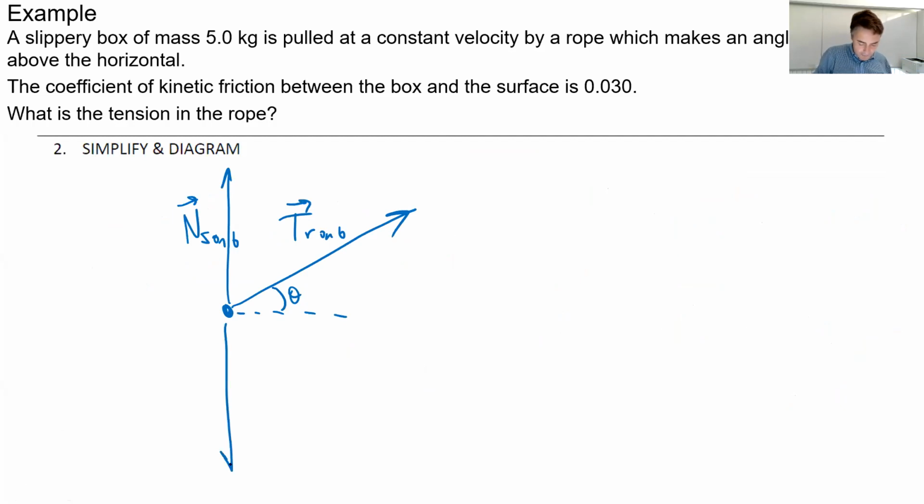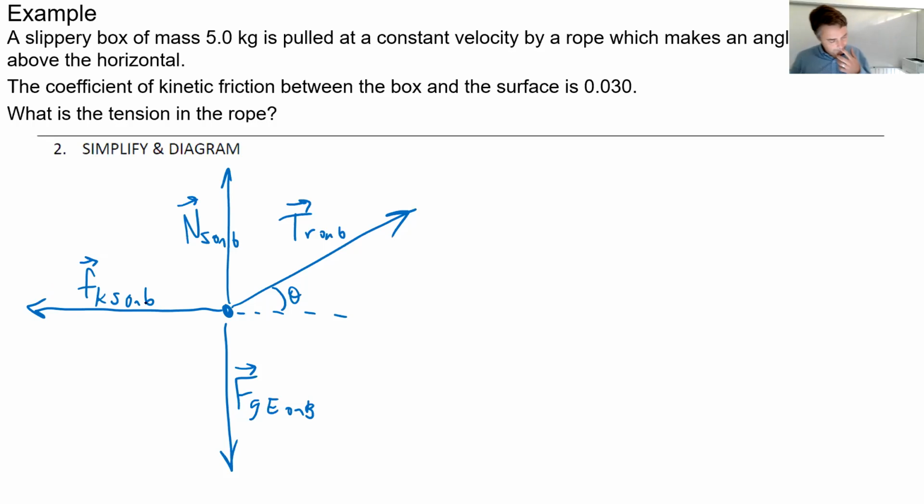I've got the gravity force of the Earth on B acting down, and I've got the friction force of K of the surface on B. Okay, so they're all acting on B. It's a good thing to check that, because B, the box, is what you're drawing the force diagram of. But then it's coming from 3 different external objects, either the rope or the Earth or the surface.